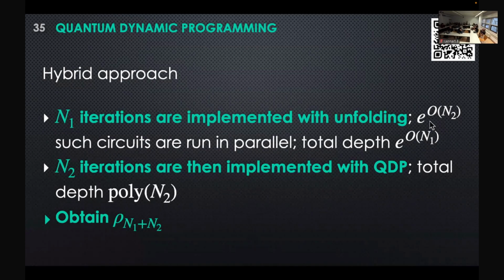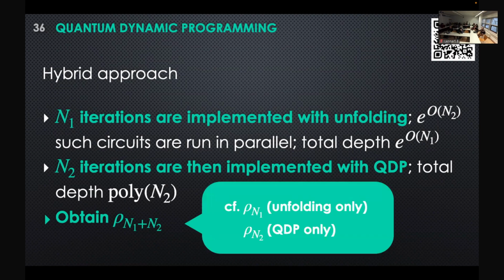This unfolding approach will require a total depth of exponential of O of N1. Because we did it in parallel, we will have access to many copies of rho of N1, and we can use them to do the dynamic programming. We'll be able to apply N2 more iterations of this quantum recursion. So at the end, we will obtain rho N1 plus N2.